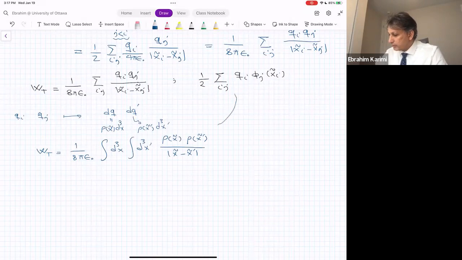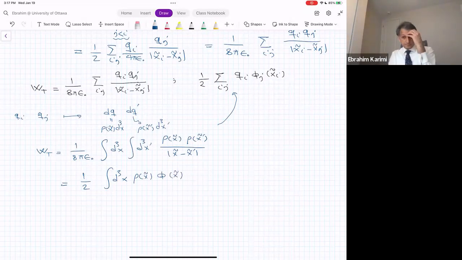Or you can look at it this way: that is given by 1 divided by 2 integral of d3x of the charge, which is rho of x, times phi of x. You can get that also from these relations.